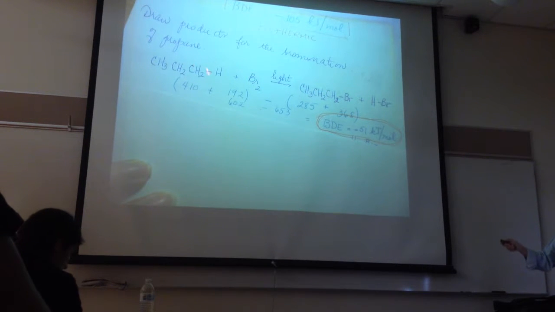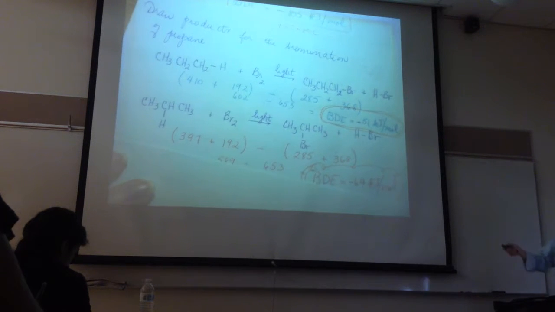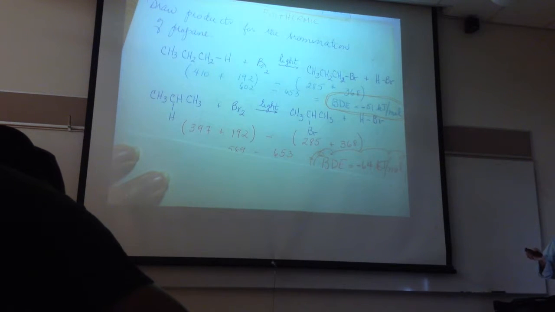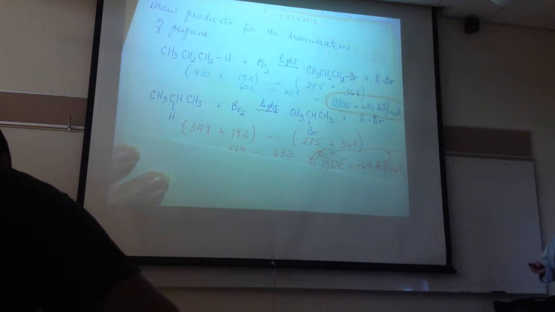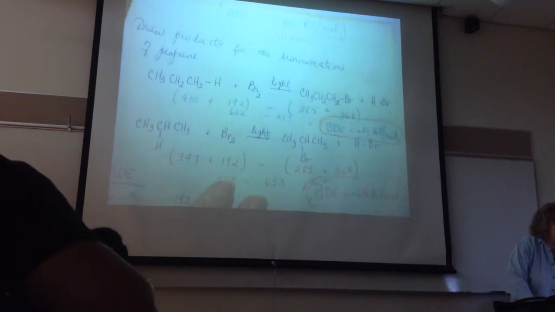It takes 410 kilojoules to break a primary carbon-hydrogen bond, and it takes only 397 to break a secondary carbon-hydrogen bond. There needs to be an explanation of that. We need to explain why this is.